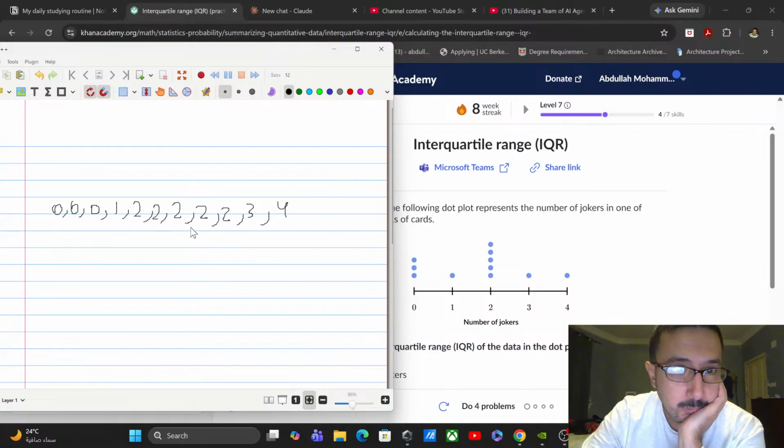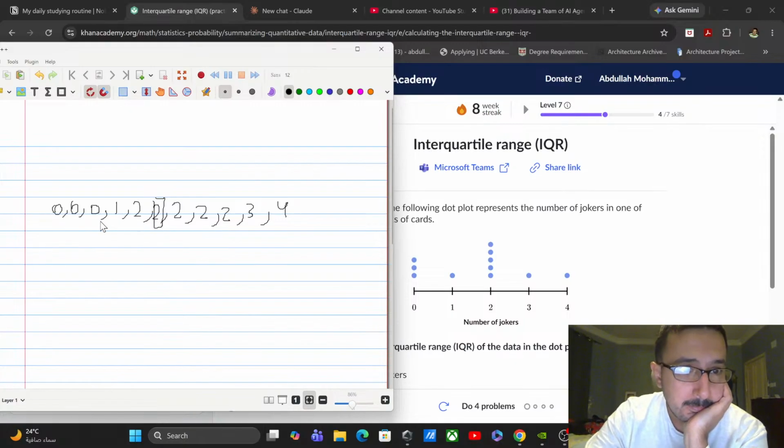1, 2, 3, 4, 5, 6, 7, 8, 9, 10, 11. 11. So number 6, 1, 2, 3, 4, 5, 6, this is the median. 1, 2, 3, 4, 5, 2, 3, 4, 5.